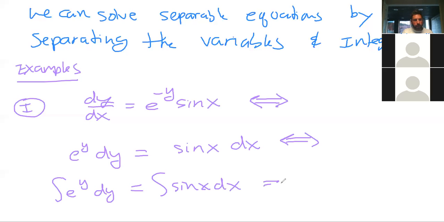And when I integrate, I get e to the y equals, what's the integral of sine? It's negative the cosine plus c, and then I can take my log and I get y.